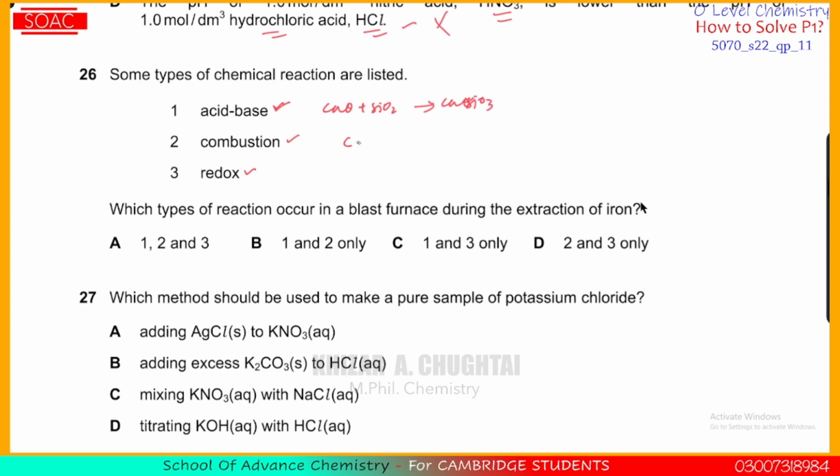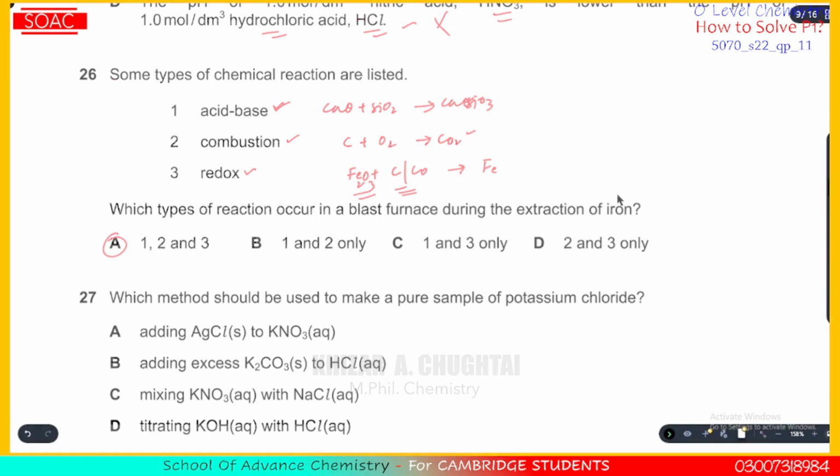And combustion: carbon reacts with oxygen to make CO2. Redox is the reaction in which Fe2O3 reacts with carbon or carbon monoxide to make pure iron. So 1, 2 and 3 are all correct options.